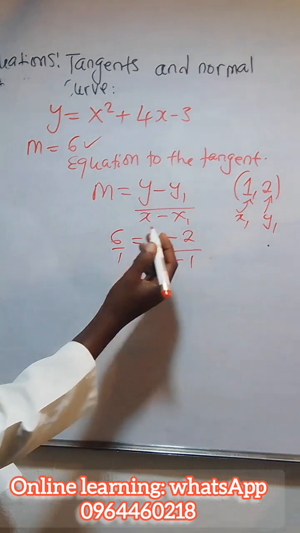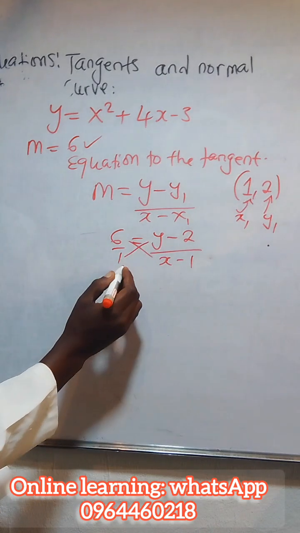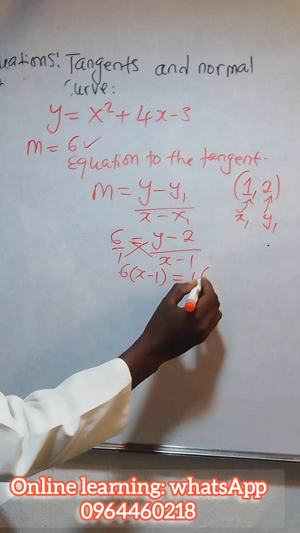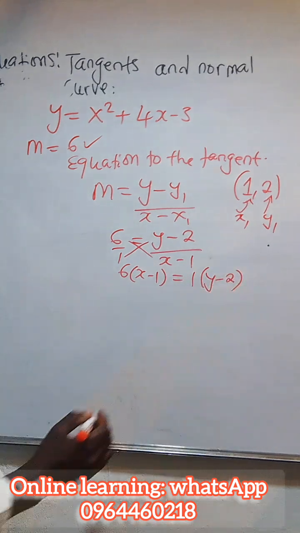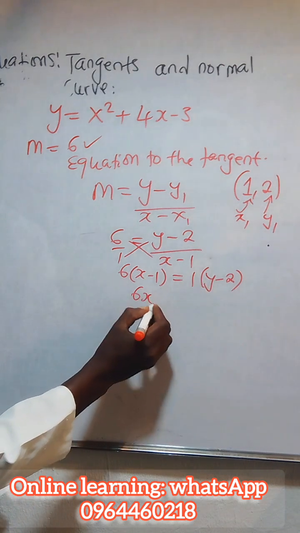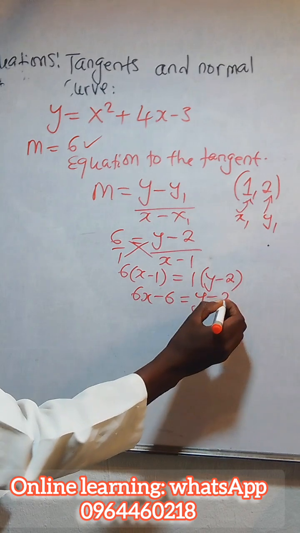Then I can make y the subject of the formula. So cross multiply: 6(x minus 1) equals y minus 2. Now we can expand the bracket. This is 6x minus 6 equals y minus 2.